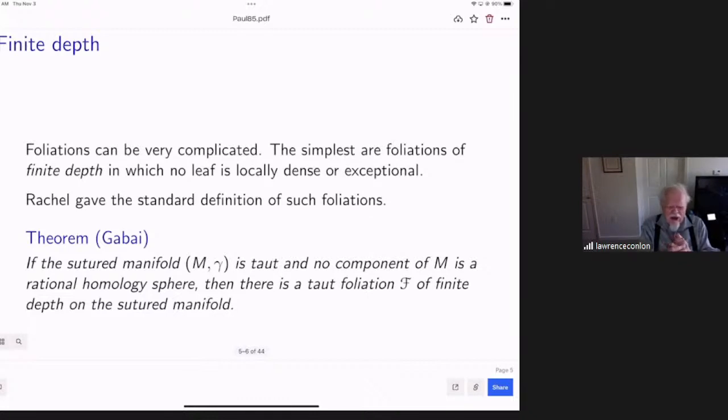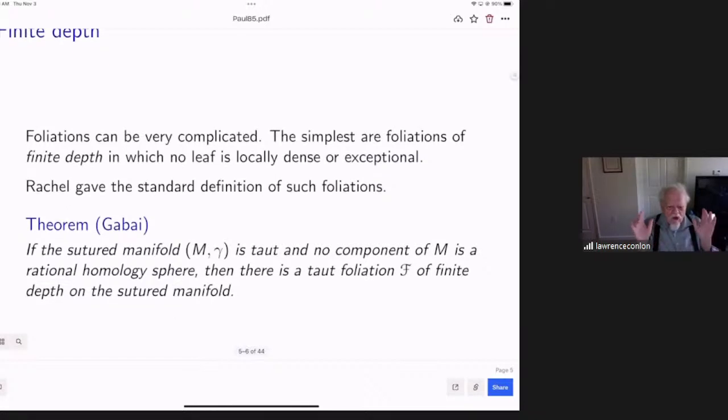The main thing is M has to be irreducible, and the components of R of gamma that are leaves have to be minimal genus in their homology class, or minimal Thurston norm in their homology class, and irreducible.